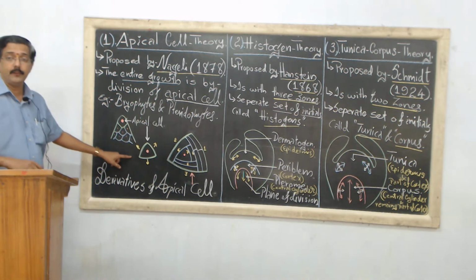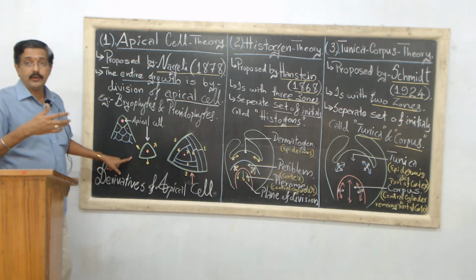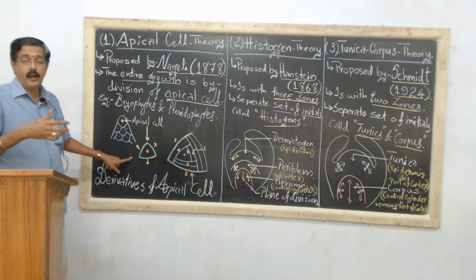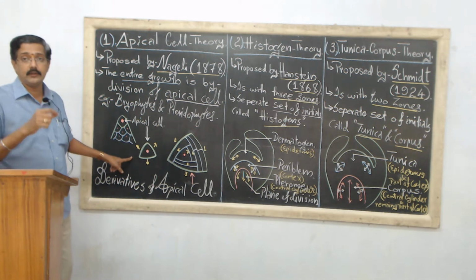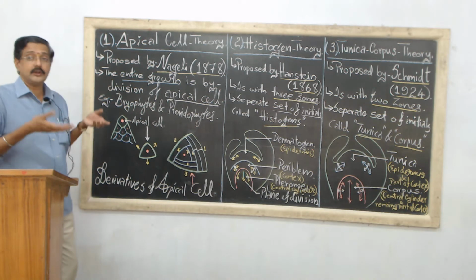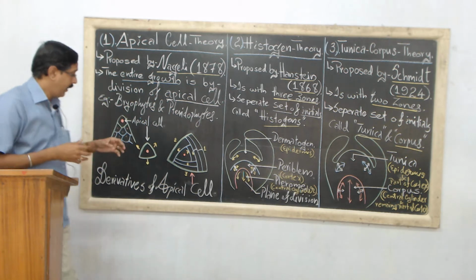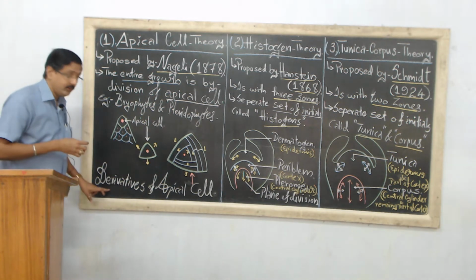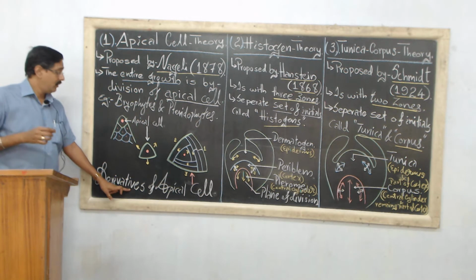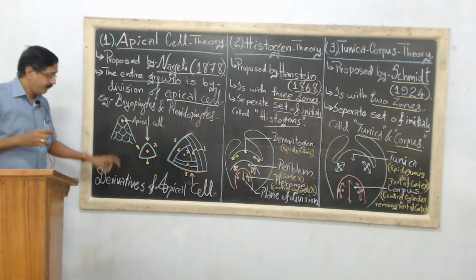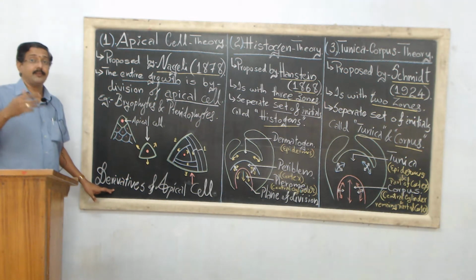The apical cell, a single cell, divides and produces a group of tissues, and those tissues are organized for specific functions, such as the elongation of the shoot tip. Another diagram clearly indicates the derivatives of the apical cell, which shows continuous division because it is meristematic.